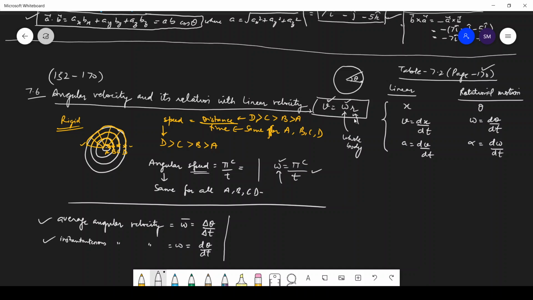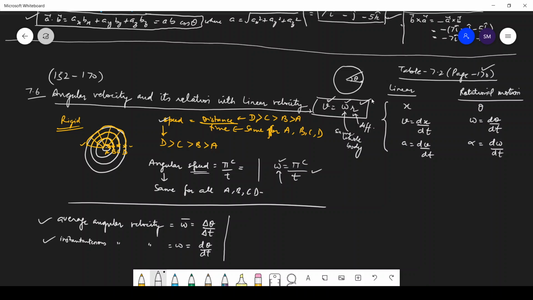But as the different particles are at different distances from the z-axis, the axis of rotation, so this r will be different. So this omega is the same for the whole body, for all the particles, but r is different. So that is why the linear velocity is different, because they are traveling different distances.